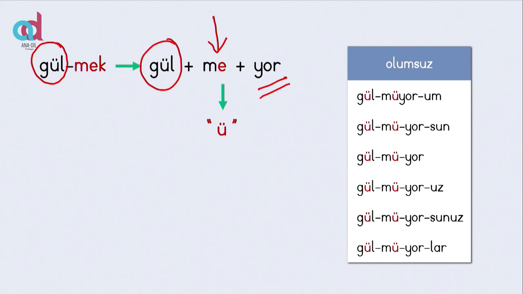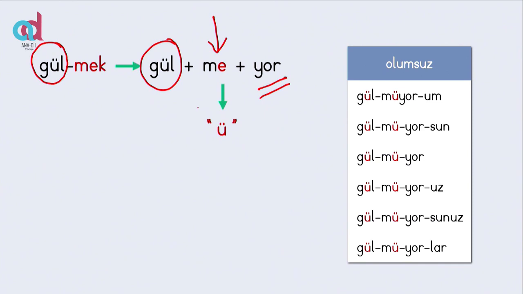the şimdiki zaman suffix, present continuous suffix. So here you remember our basic rule, the vowel harmony. In our vowel harmony, this will be a very, very funny sound. Let me tell you. Gülmüyor. Who is not smiling? O gülmüyor. We cannot say that.